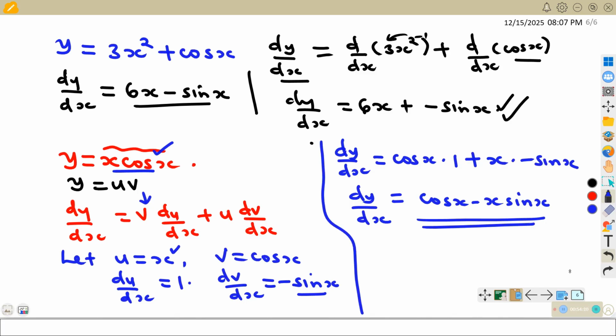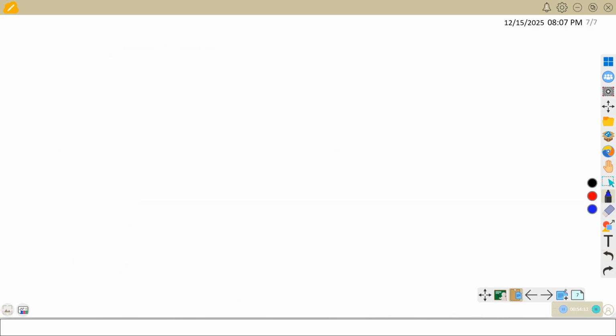Okay, so can you try for me this one here? y is equal to x to power, square root of x, times tan of x. Anyone who can take us through that? You just tell me the procedures. I will be writing.